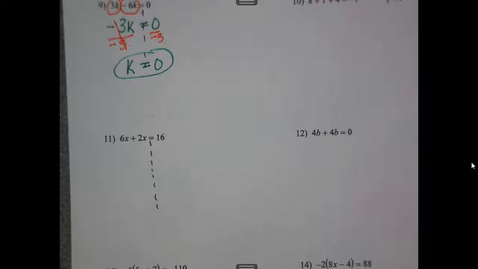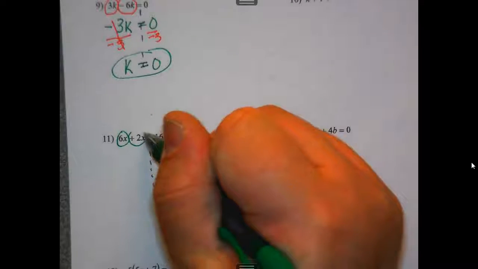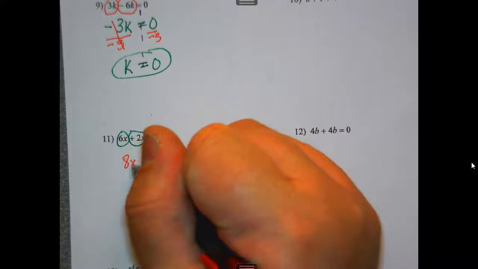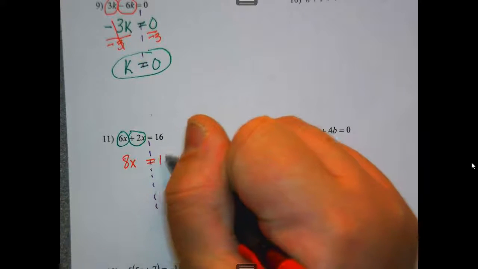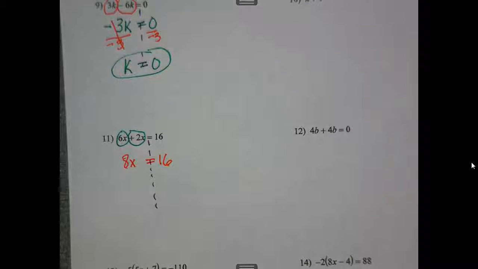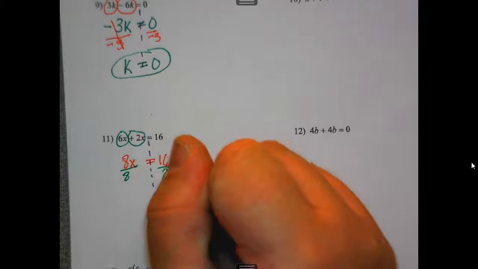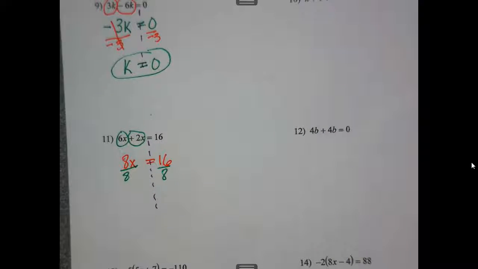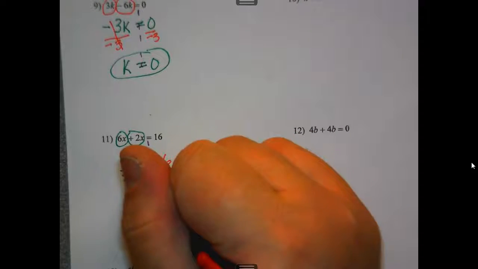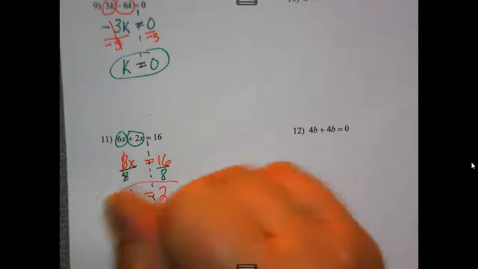Okay, I have like terms on the same side. So I'm going to combine those. I get my 8x. Then I have multiplication between the coefficient 8 and x, so I'm going to divide by 8. 8 cancels to 1. I get x equals 16 divided by 8, which is 2.